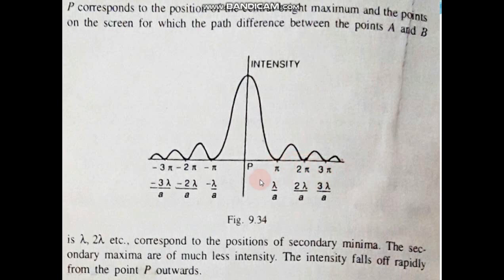The secondary maxima are of much less intensity. The central bright maximum is of high intensity, secondary maxima are of low intensity, and also the intensity falls off rapidly from the point P outwards, from the central bright maximum on both sides.